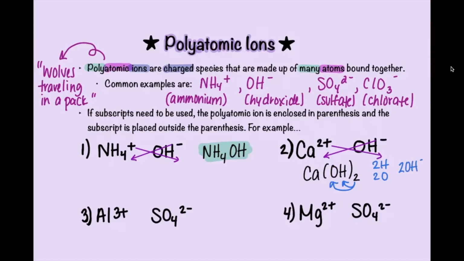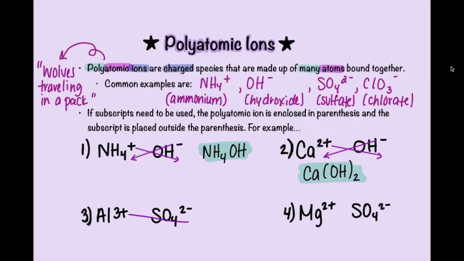And isn't that the same as saying we have 2 hydroxide ions total? It is. So for sure keep that in mind because if you do not write the parentheses, you'll incorrectly say that you only have 2 hydrogens and 1 oxygen present, when you should have 2 hydroxides present.